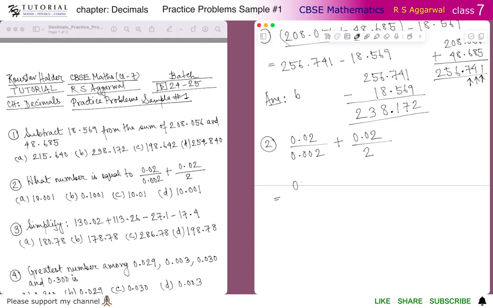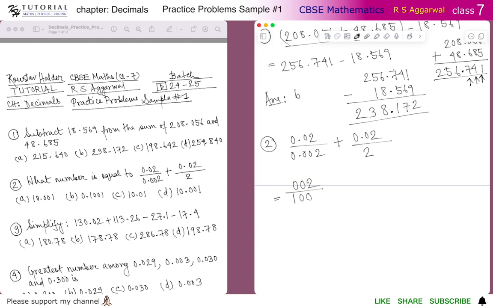So this becomes 002, and then we divide by 1 and put as many zeros as the decimal places of the number. In 0.02, the decimal places is 2, so we will put 2 zeros. So we converted 0.02 to 002 by 100.